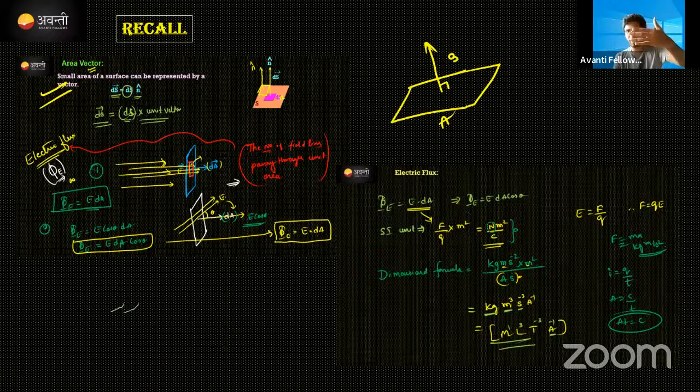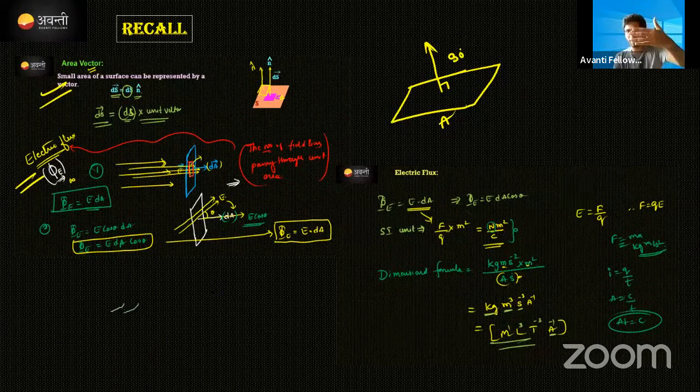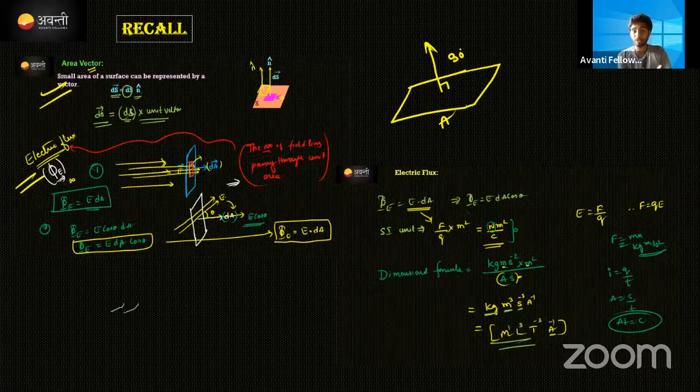If the field lines increase, that means the E value increases, which means the number of field lines increases. And if you increase the area also, the flux value will be, okay, this is an interesting point.